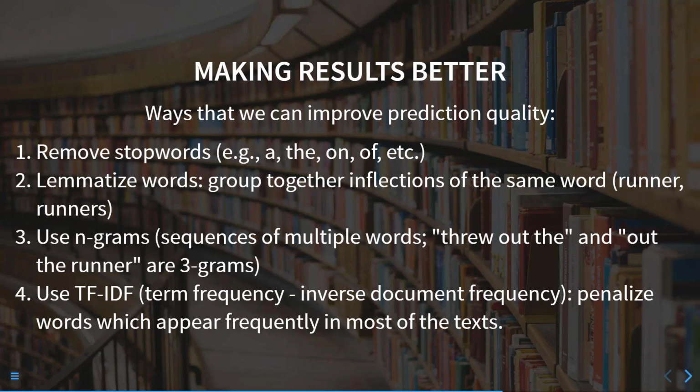Like if I say I want 3-grams, using the term throughout the runner, the first 3-gram would be the term throughout the, and the second would be out the runner. The benefit of n-grams is that words will modify each other based on their nearness, especially in languages like English, where we put the modifiers very close to the affected words.